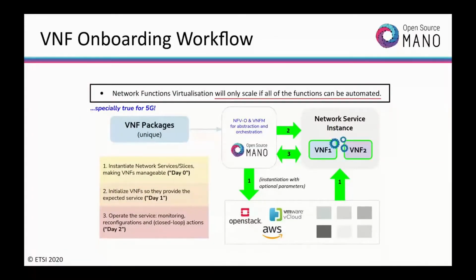Initialize it or localize it to the network so that we can talk to it and we can reach it, and it's capable of providing its base functionality, day 1. And then continue to operate the service, monitoring, reconfiguration, scaling.